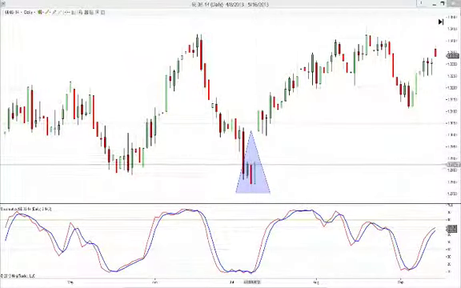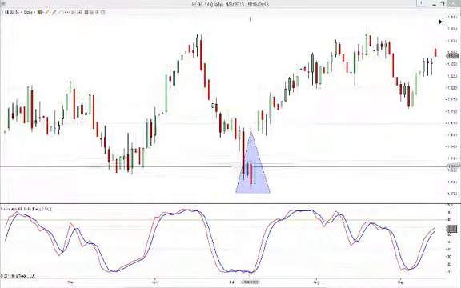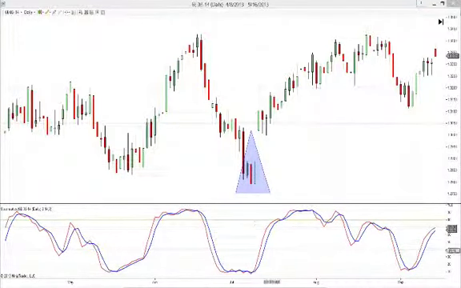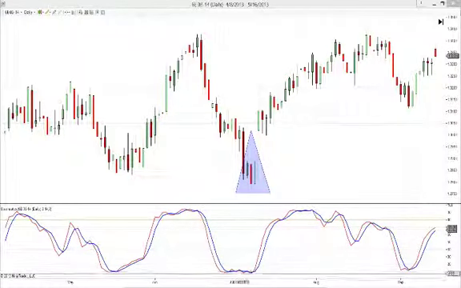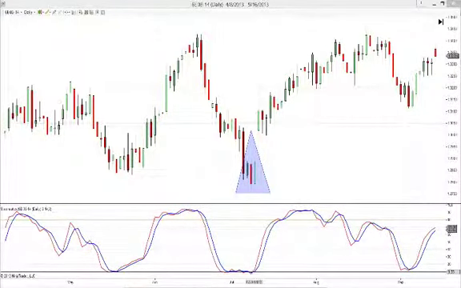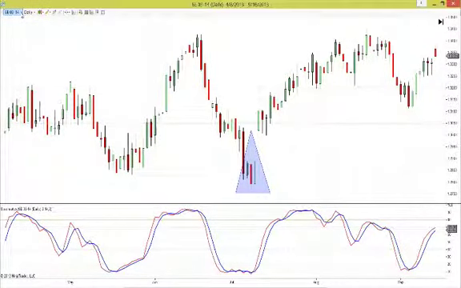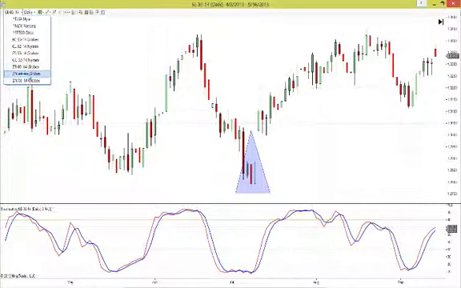So the body of this red candle is within the body of the green one, and the stochastic signal is in the oversold area. Let's check another market.